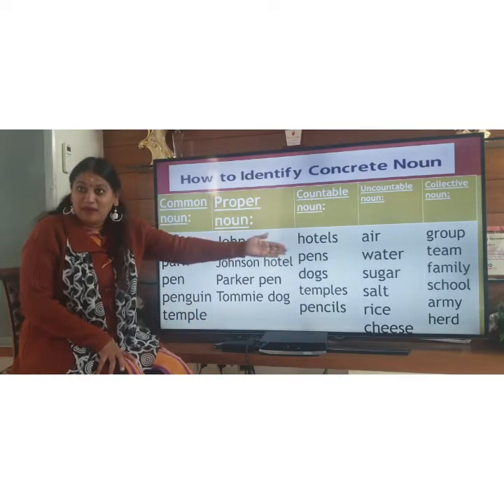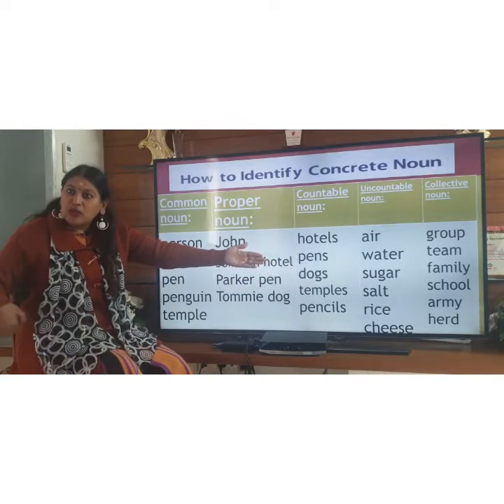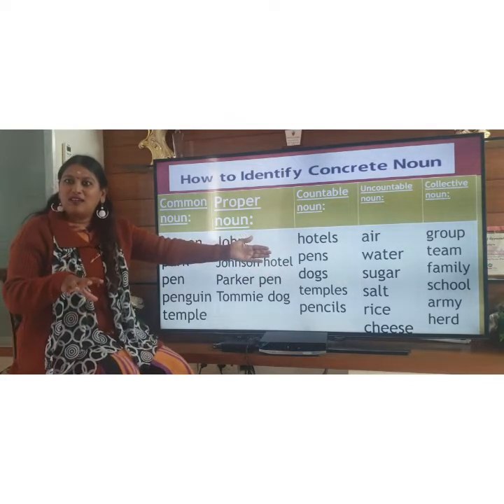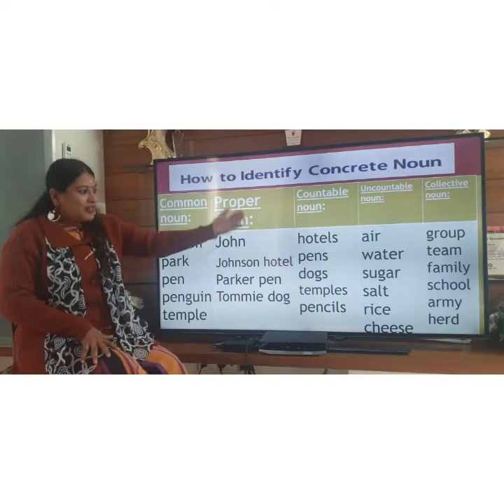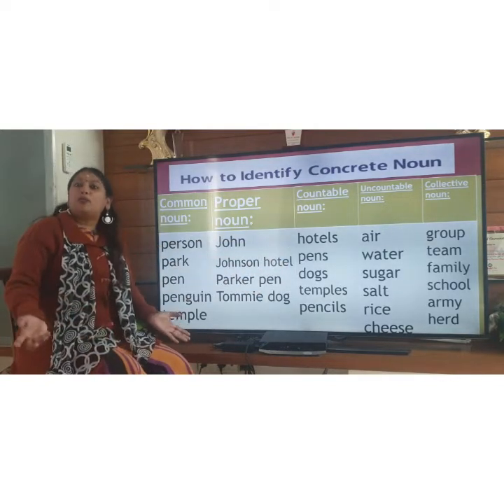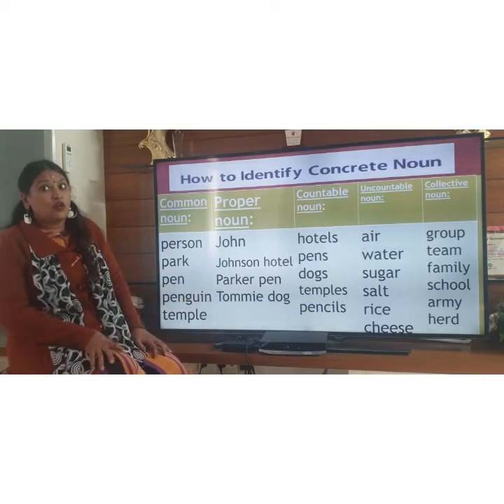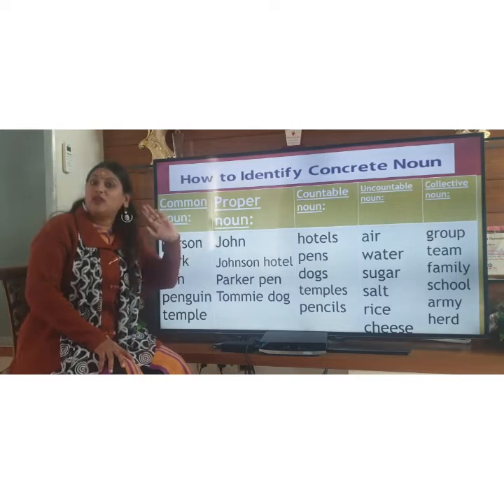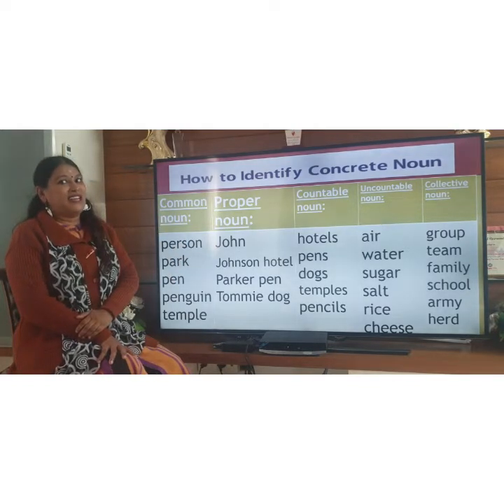Family. And then school, all students together form a school along with the teachers. And then army, herd means group of cattle. It can be a group of buffaloes or a group of cows. I'll give you all the information in detail when we study collective nouns.